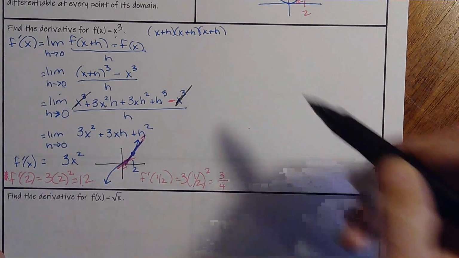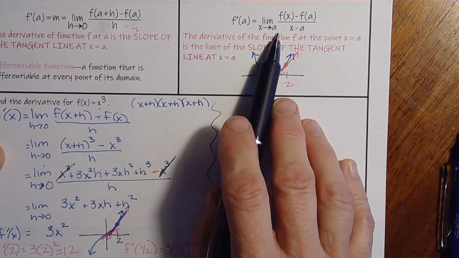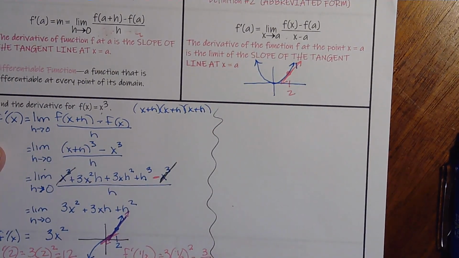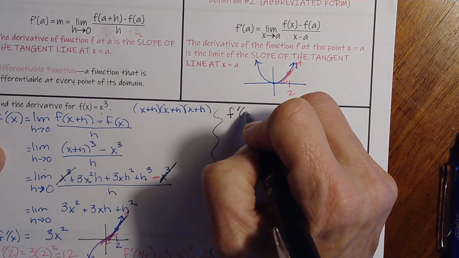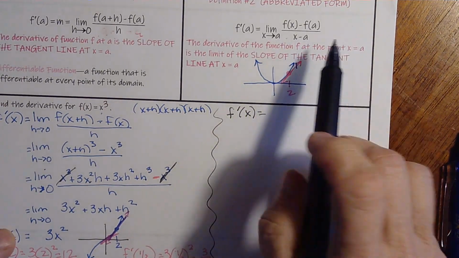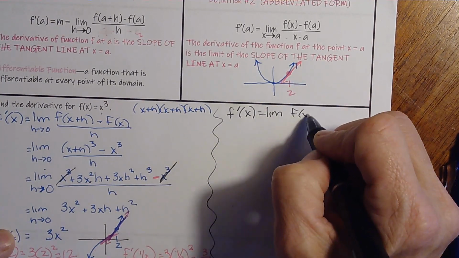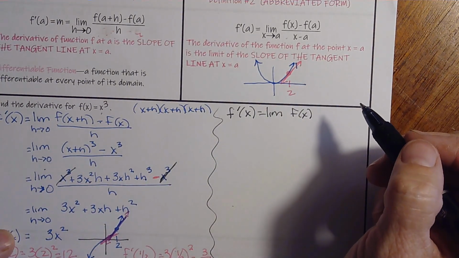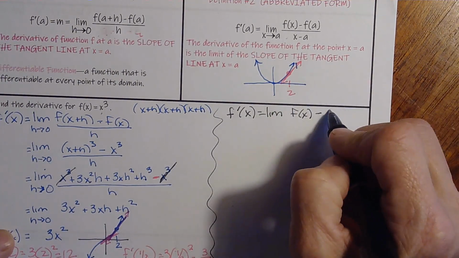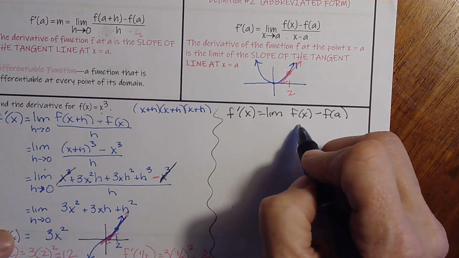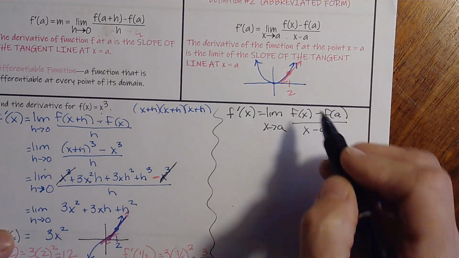So now let's look at it from a second perspective. Let's use this definition. Using this definition to find f prime of x, I will use the limit of f of x minus f of a, all divided by x minus a, as x approaches a.